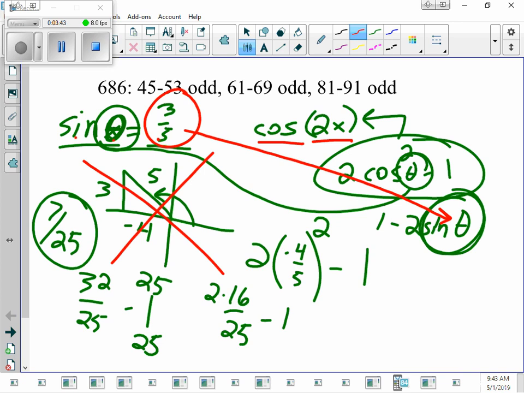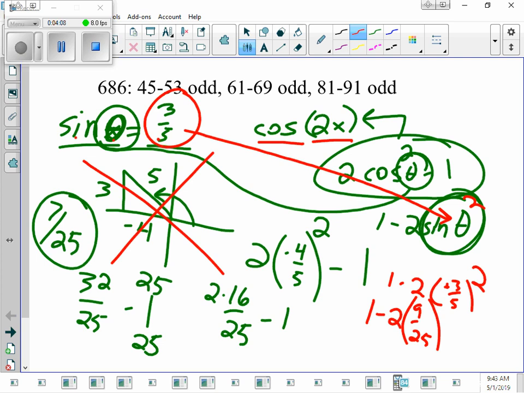Oh, is it squared? Yeah, it's squared, sorry. So I get 1 minus 2 times 3/5 squared. 3/5 squared is 9/25. So 1 minus 2 times 9/25.